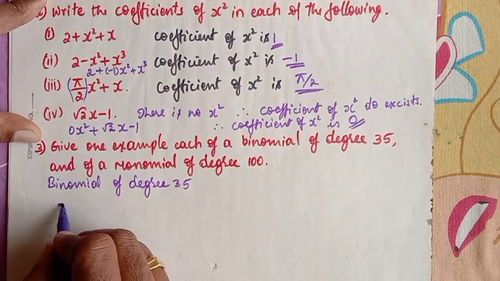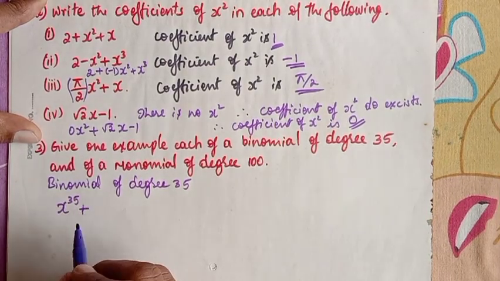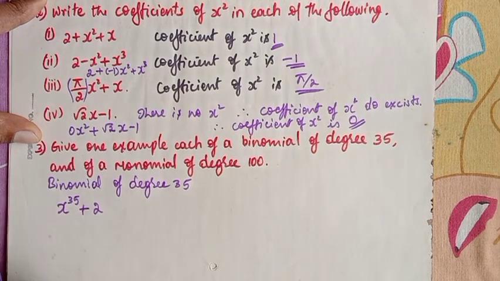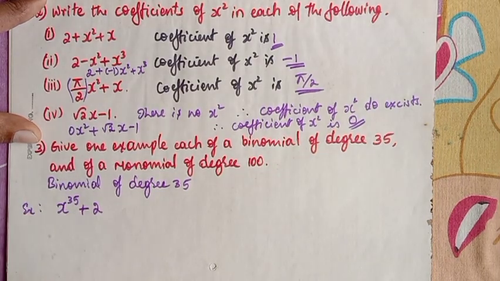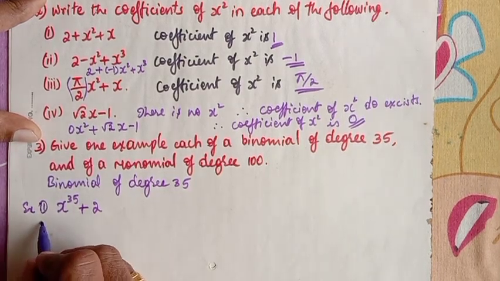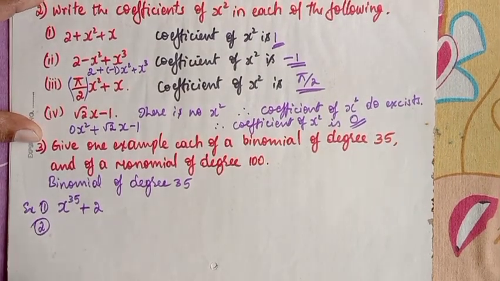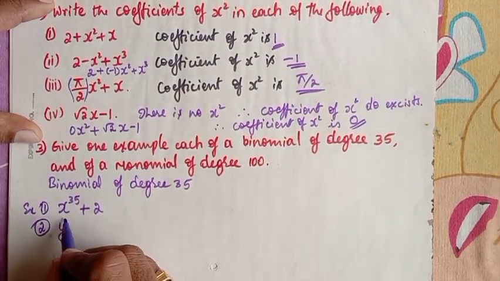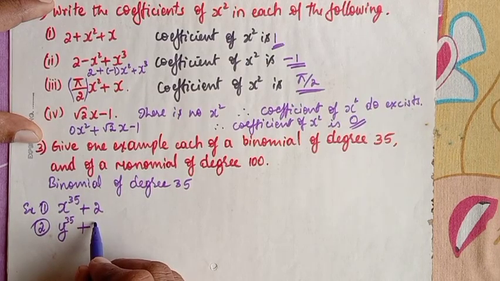That means x to the power of 35 plus 2 is the example. Let me try to give another for the best understanding: y to the power of 35 plus y.